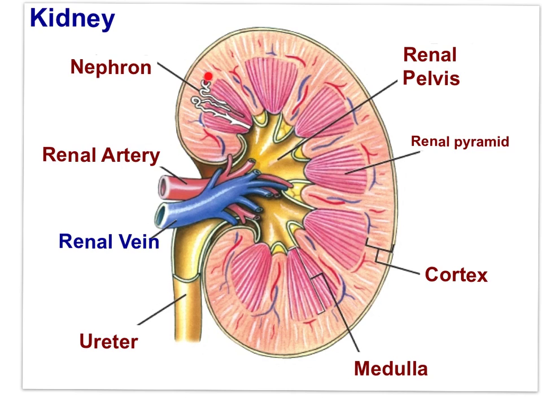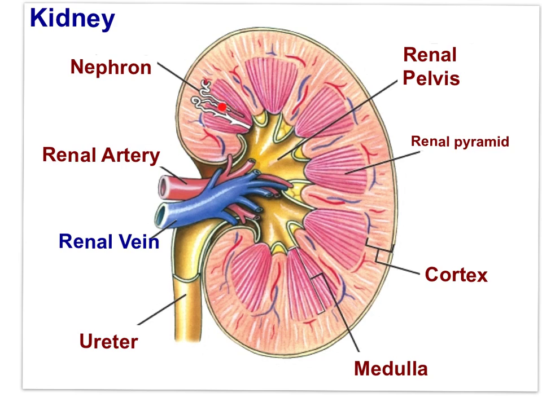Once again, this diagram shows the position of the nephron within the larger kidney structure. The glomerulus is here in the cortex. Keep in mind that there are approximately 1 million nephrons within the kidney. Here is the proximal convoluted tubule, the loop of Henle, the distal convoluted tubule, and the collecting duct.